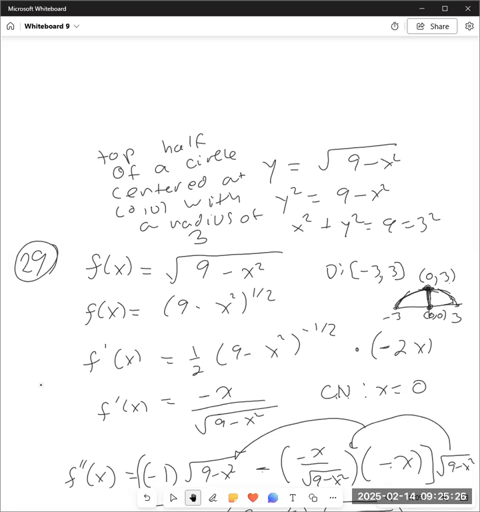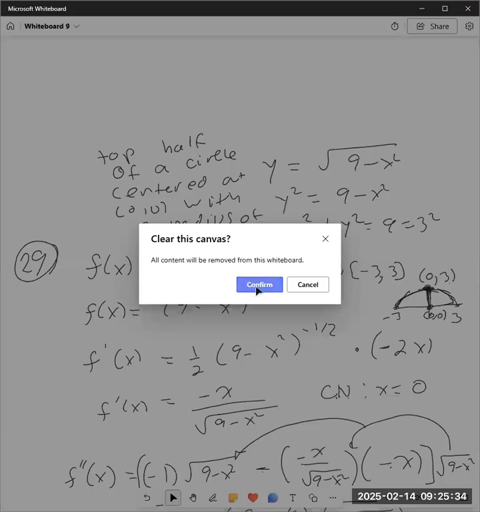Let's go ahead and look now at number 33. Number 33 says f of x is equal to x over x minus 1.